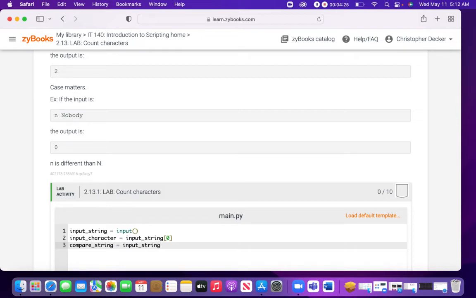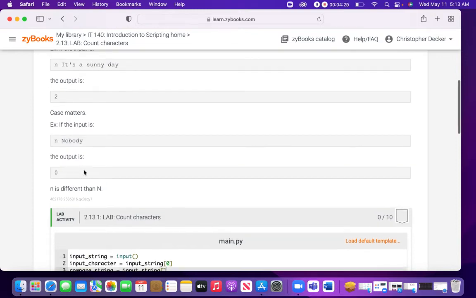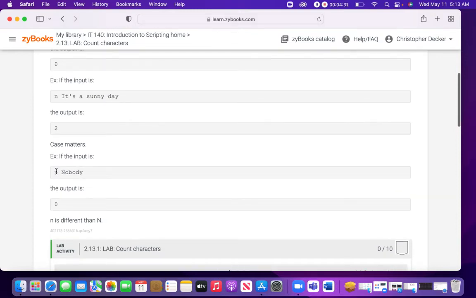We're not counting the first letter. That's inputted, that's giving you the character. We're counting the rest of the string. Remember, 0 starts the first character, 1 would be the next character, just like we set our tokens in 2.1.